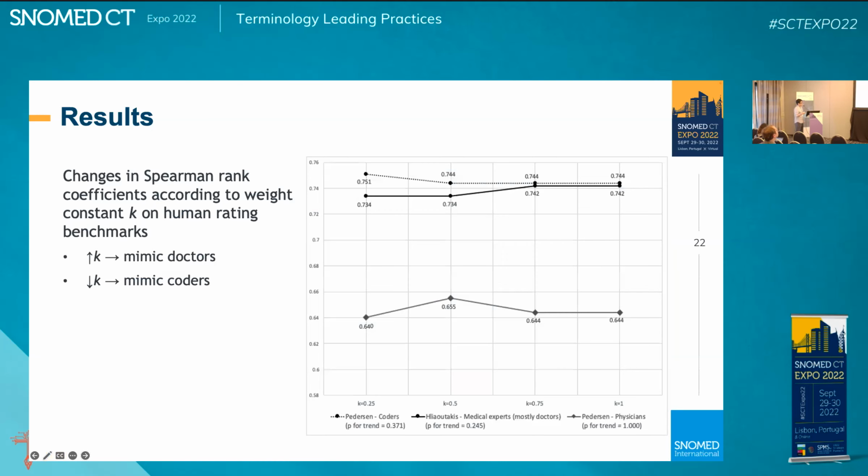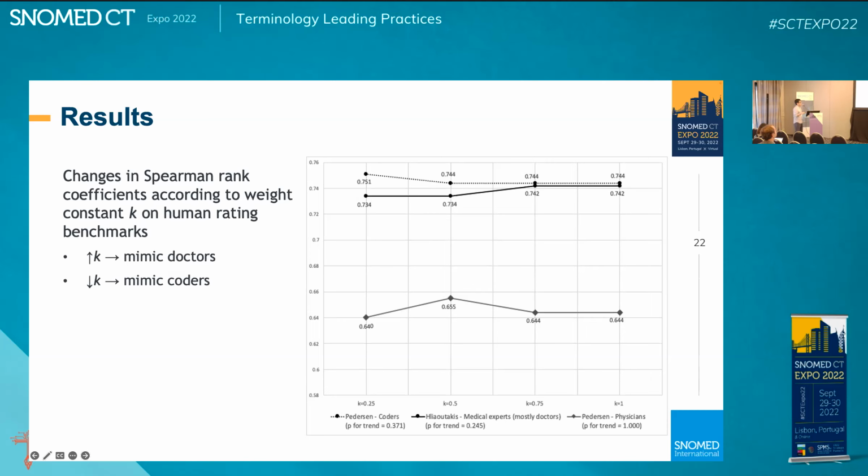So one of the interesting findings of note is that we can determine how much we will mimic the sense of relatedness perceived by coders or physicians by controlling the rate constant K. When K is getting closer to 1, it better correlates with the doctors' ratings of relatedness, while when K is getting closer to 0, it better correlates with the sense of relatedness perceived by coders.